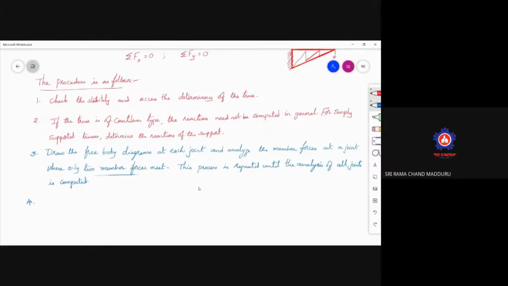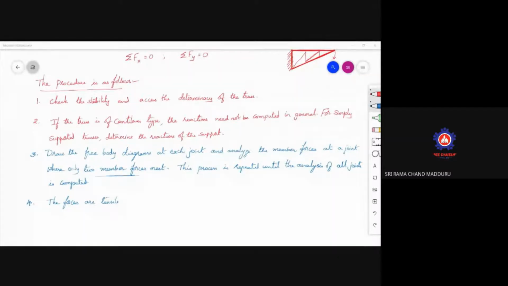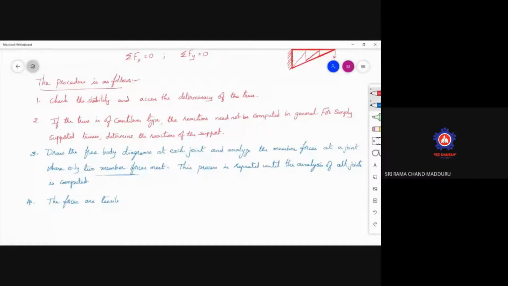The forces are tensile if they are pulling away from the joint.